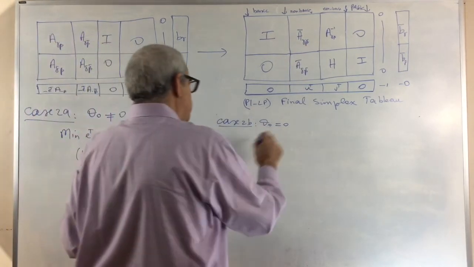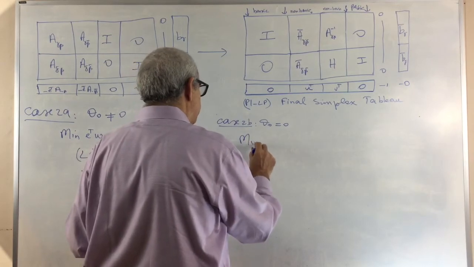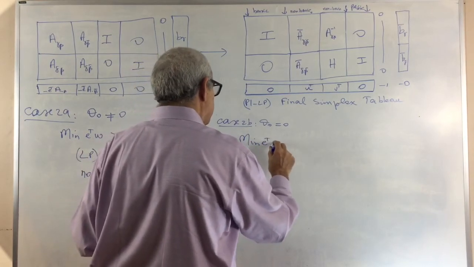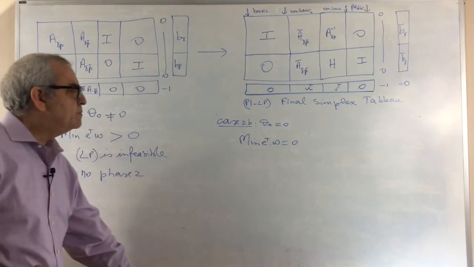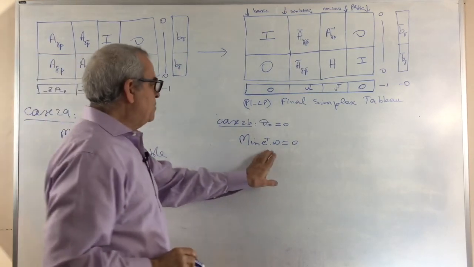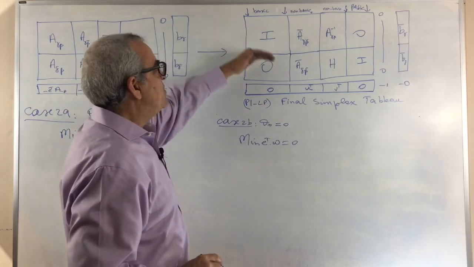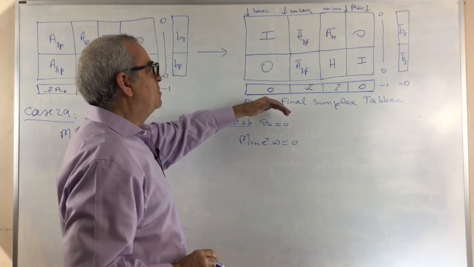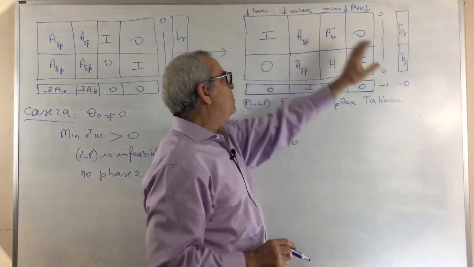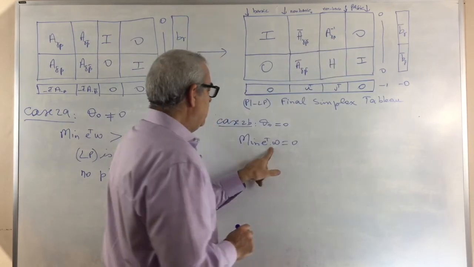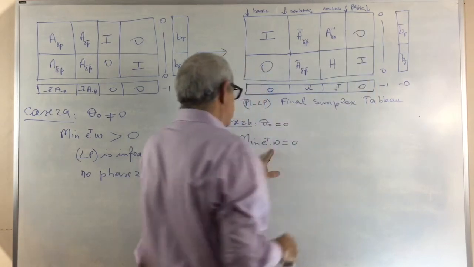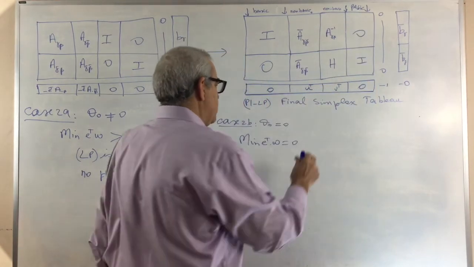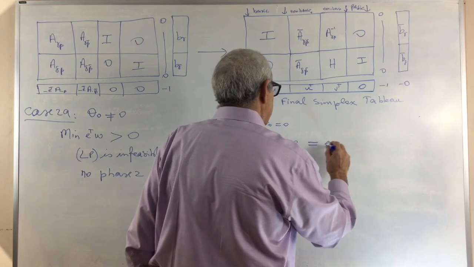Now in this case, the minimum of E transpose W is equal to 0. But how do we get the minimum? Remember, we set the non-basic variable equal to 0 and the basic variable equal to the right-hand side. So in here, the only basic variables are these ones, and we set them equal to E transpose.